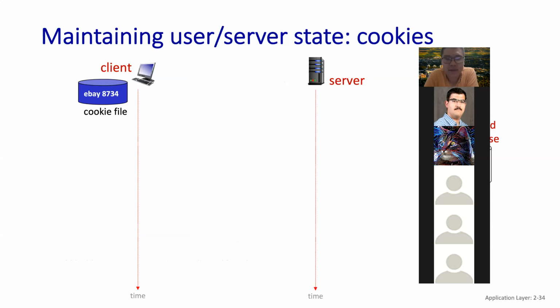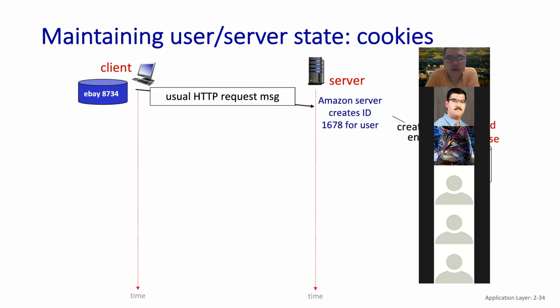Okay, let's see a diagram showing how the client side and the server side use cookies to send and receive requests and responses. First, the client uses an HTTP request message. Let's say the server side is Amazon.